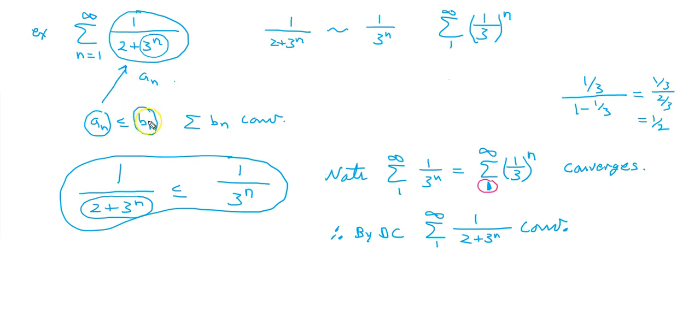And we wanted to find b_n's which were a little larger, in which the series involving the b_n's converged. So we found them to be 1 over 3 to the n, the b_n's right here. And the series involving these terms is a geometric series which converges. Therefore, the series involving these terms converges. Let's take a look at another example.